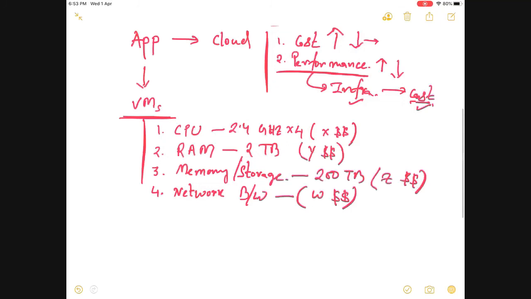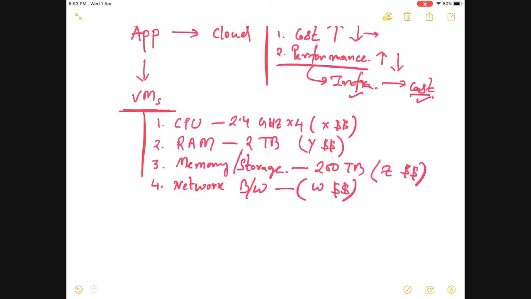Now, if I have one single virtual machine, I'll have X plus Y plus Z plus W dollars of costing, and understand that this is for only one virtual machine. Based on my requirement, how much performance I want, I'll have that many virtual machines running.